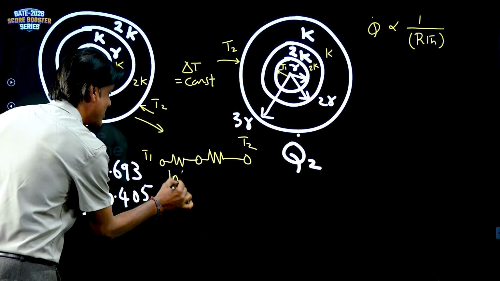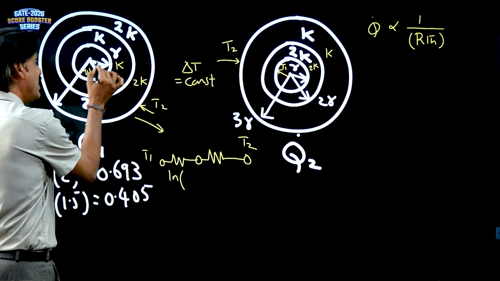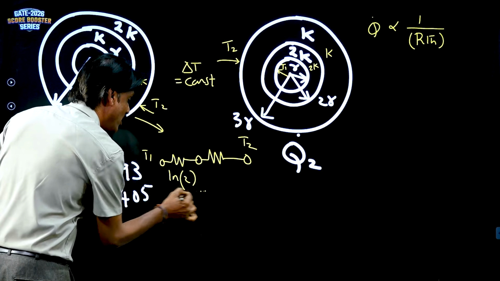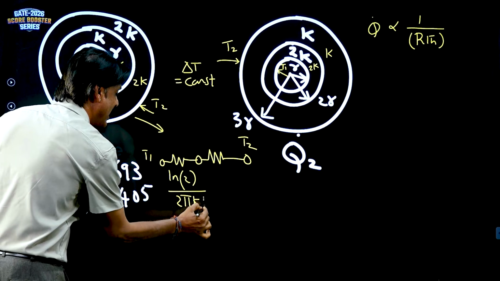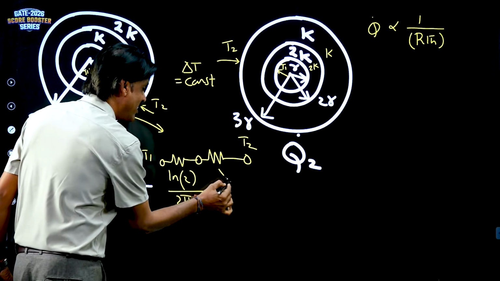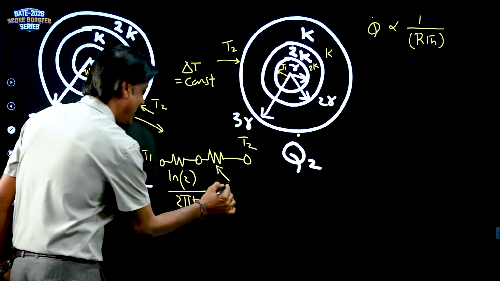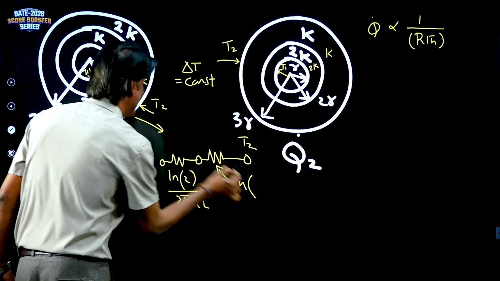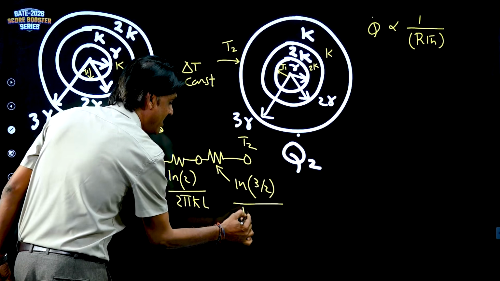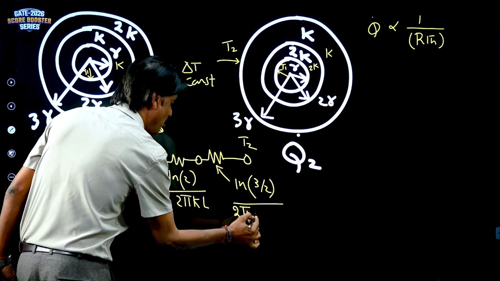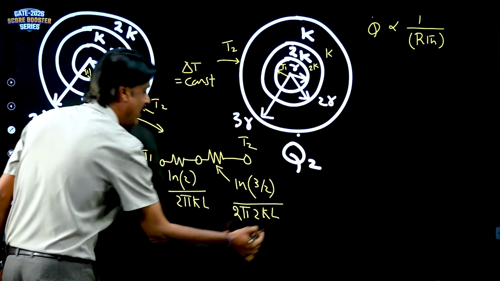This resistance is log 2R by R divided by 2 pi K L, and this resistance is log 3R by 2R, that is 3 by 2, 1.5, divided by 2 pi into 2K L.